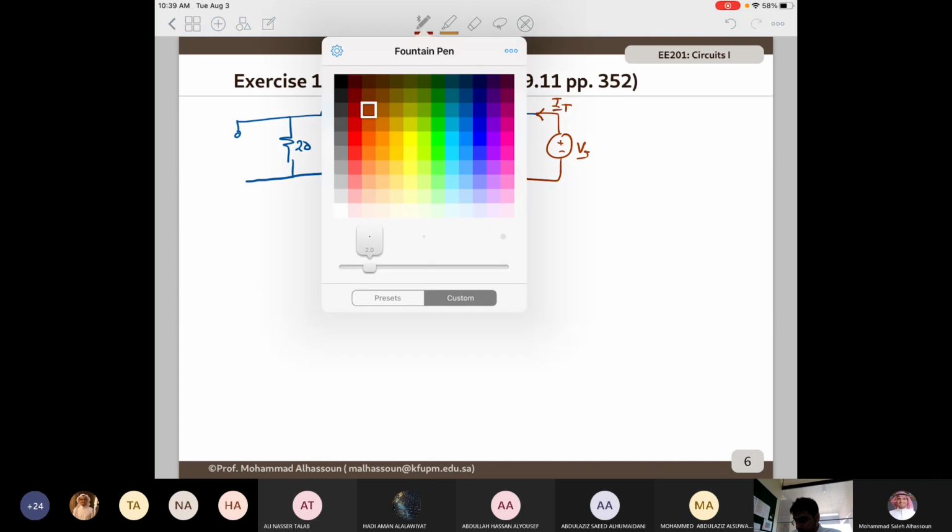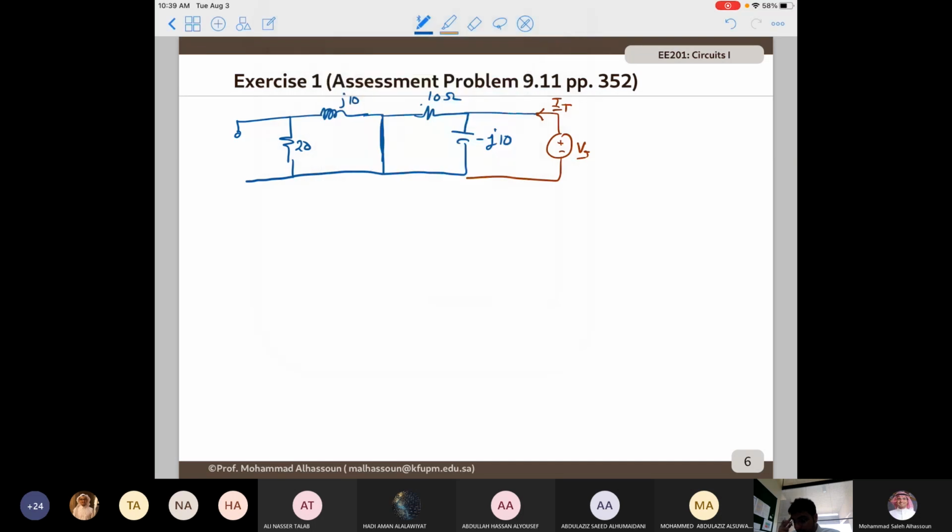Now we have j10 plus 20 in parallel with a short circuit.